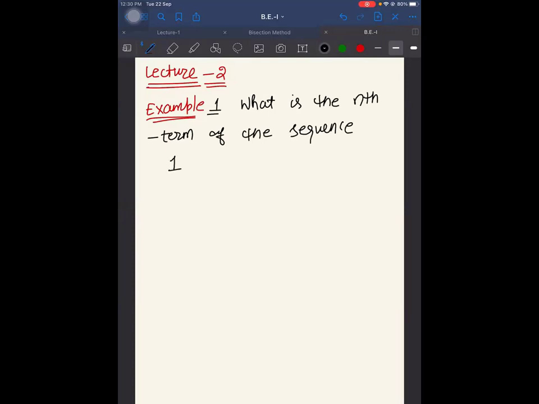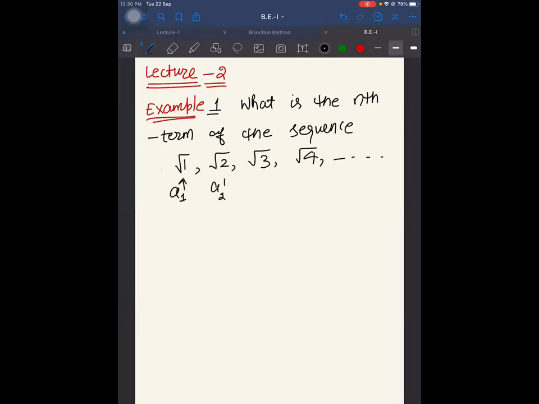Say the sequence is 1, root 2, root 3, and so on. So what is the nth term of this sequence? The next term is root 10.